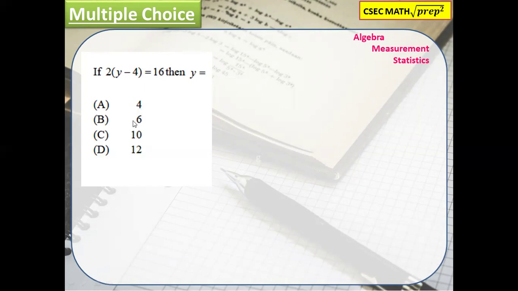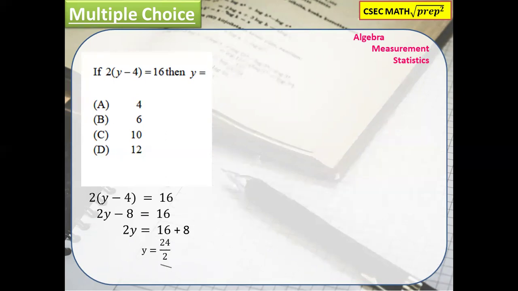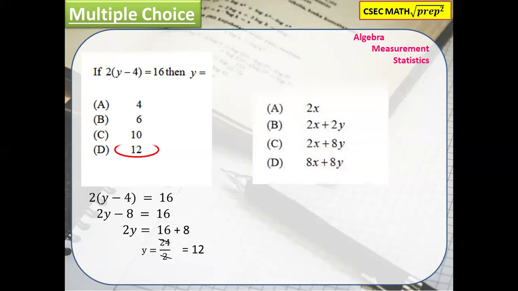For those who want to go through the process of expanding the bracket, we would have 2y minus 8, both things in the bracket multiplied by 2, and then add 8 on the right side or on both sides, which would give us 24. So 2y equal 24, and then we just divide 2 on both sides, and our answer is 12. All right.